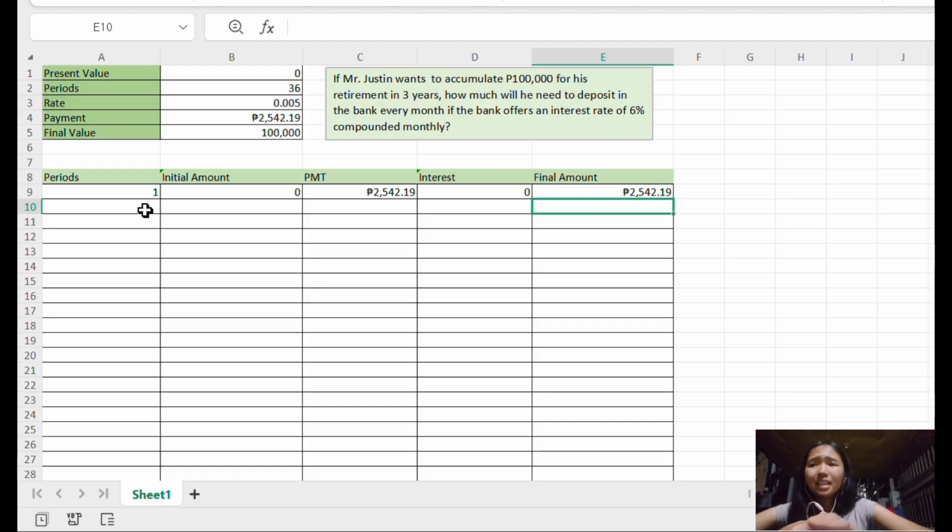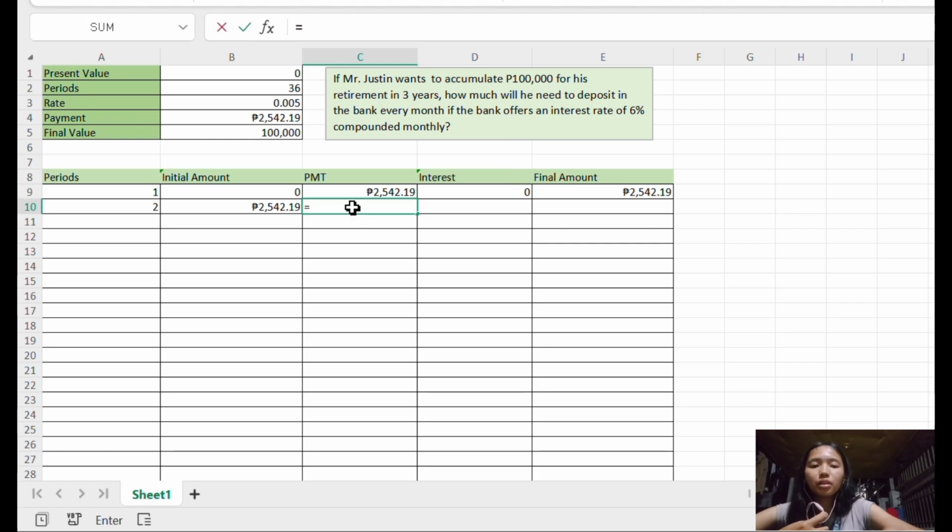2,542.19 pesos. Next, in our second period, we put in 2, and the initial amount of the second period is the final amount of the previous period. So we type an equal sign, then click the previous final amount, then enter. Now in our PMT, we follow the same process.